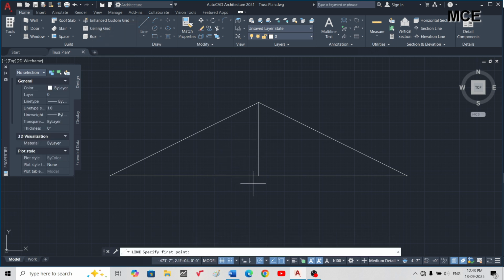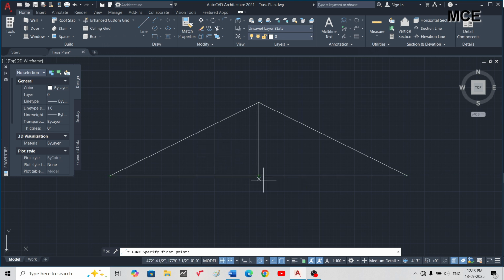Since from midpoint up to the edge is 17 feet, because the total base was 34 feet, I will divide this 17 feet into 4 equal gaps. If I divide 17 into 4 equal gaps, each gap will be 4 feet 3 inches. So I will draw a vertical member at 4 feet 3 inch to divide this into exactly 4 equal parts.